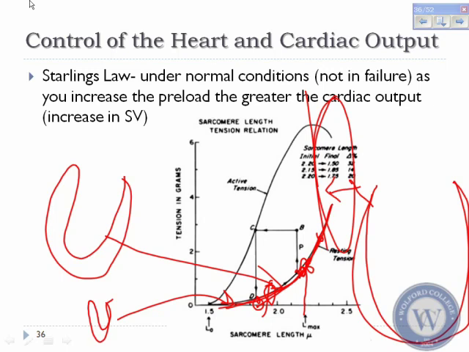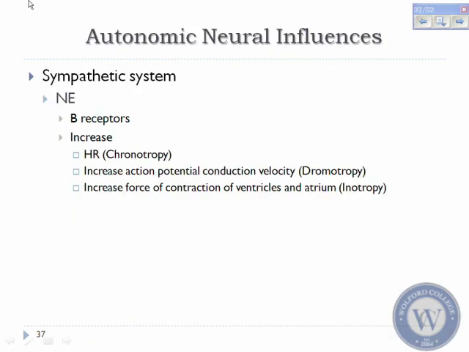So you want to be in the right portion of the preload before contraction takes place. It'll tell you how well the contraction takes place. Right. Does that make sense so far? Hard concept to get. If not, we'll come back to it a little bit later on.